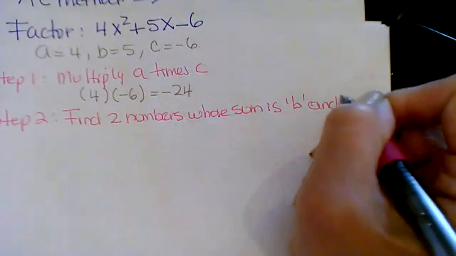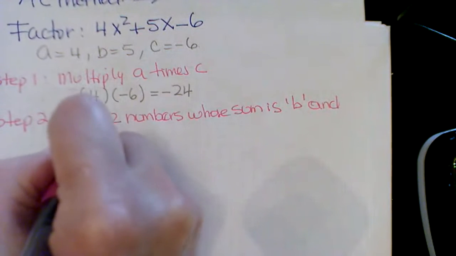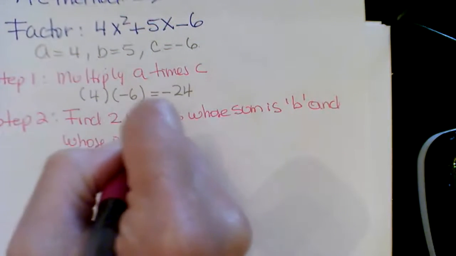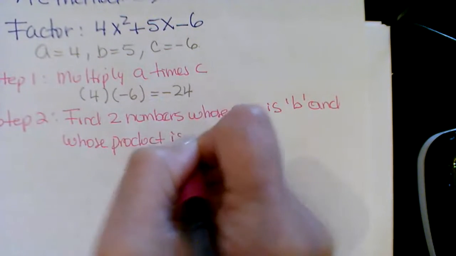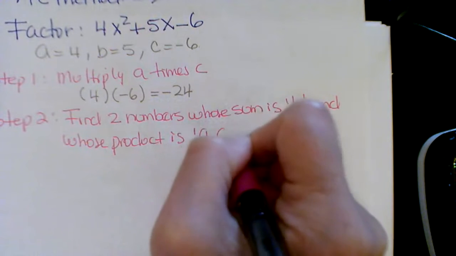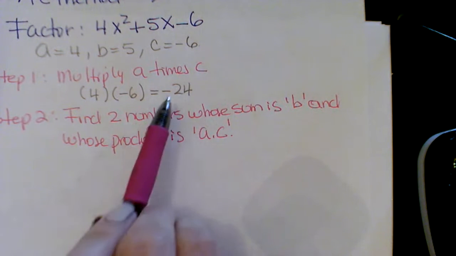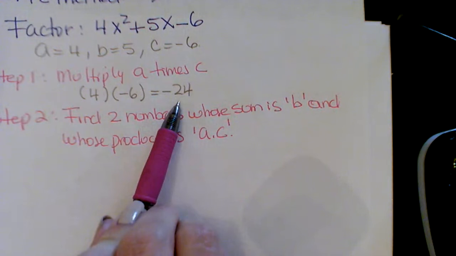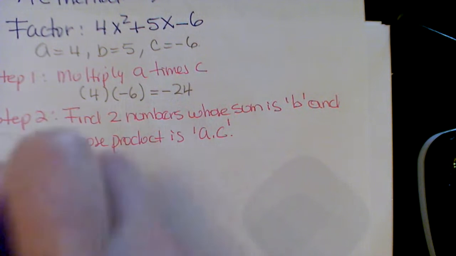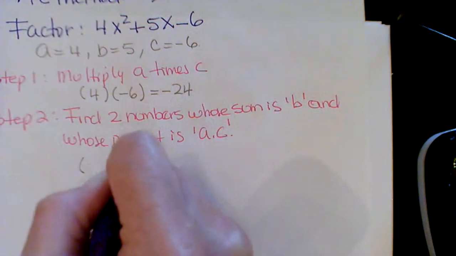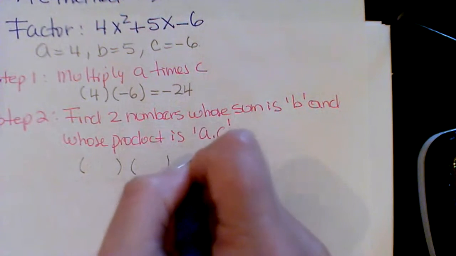And whose product is what we just multiplied, A times C. So the sum needs to be equal to what?